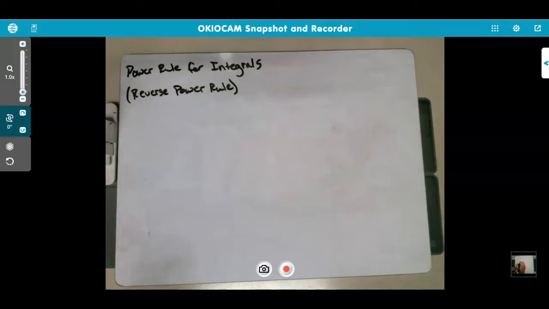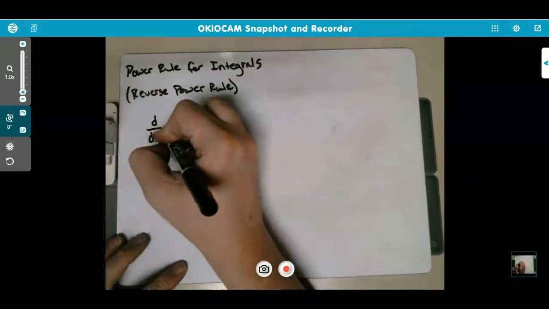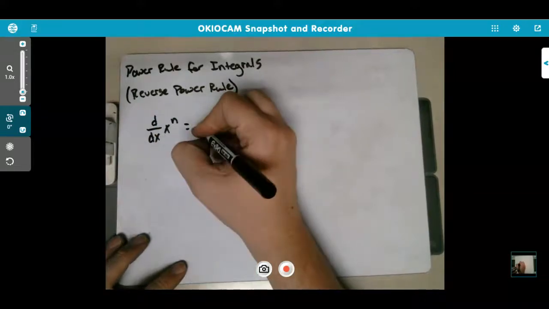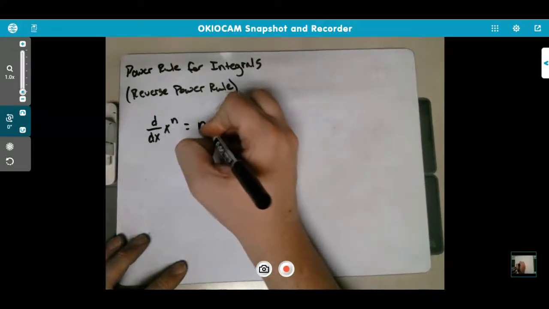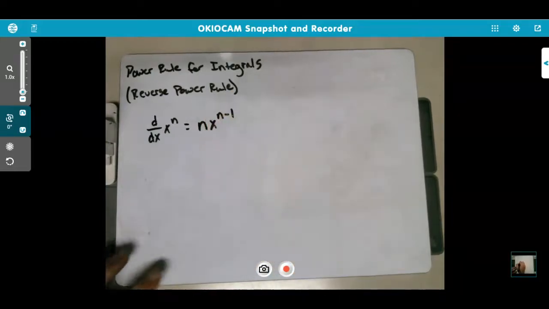So it's the power rule we learned for derivatives, but backwards. Okay. So the power rule we learned for derivatives was that the derivative of x to the n, I bring n out front, so I'm going to multiply by n, x to the power of n minus 1, I'm going to decrease this by 1.